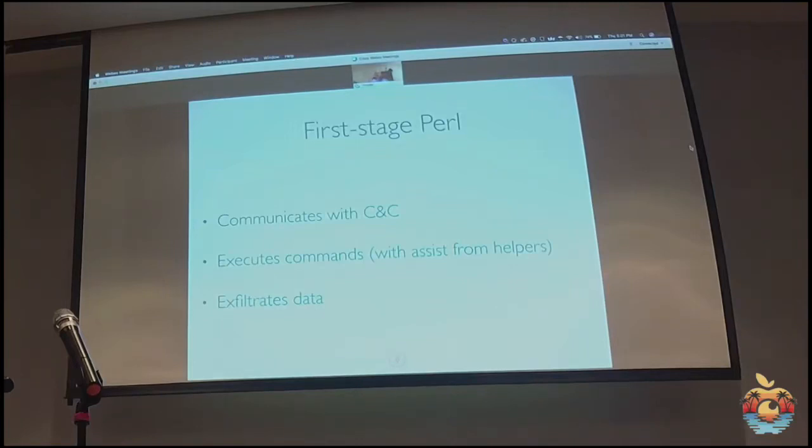And one of the things that this malware would do, which is common to most backdoors, is exfiltration of data, and it was particularly interested in any kind of images or audio. So anything through the microphone, anything through the webcam, screenshots, you name it, that sort of stuff. It was very interested in that data.